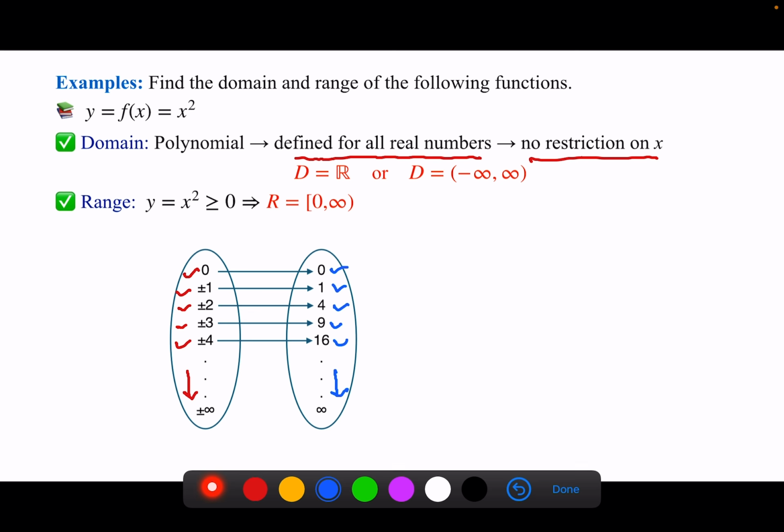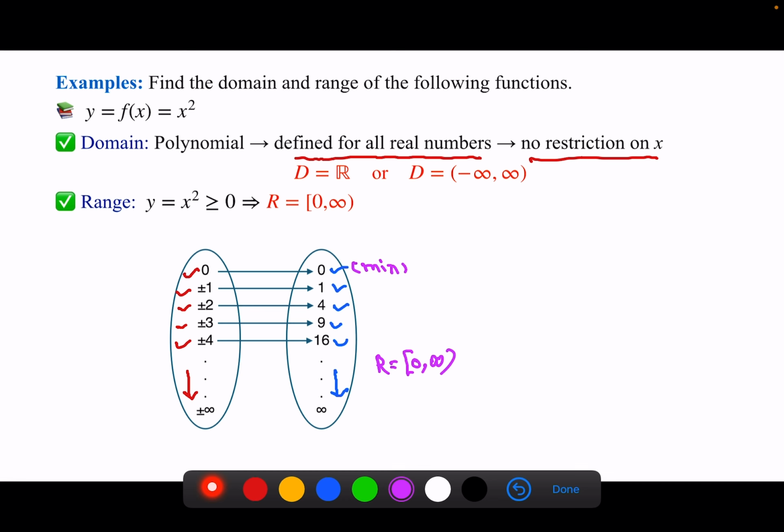So here we see that the minimum value is 0 and y tends to infinity. So the range I can write as minimum value 0 to infinity.